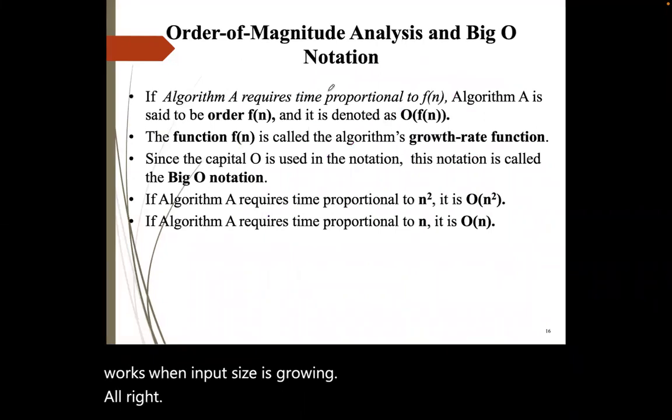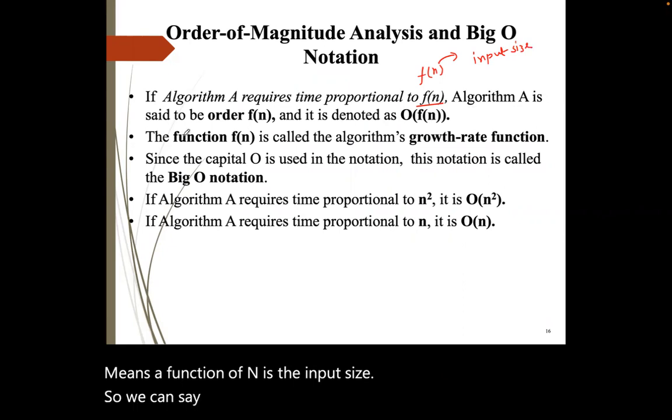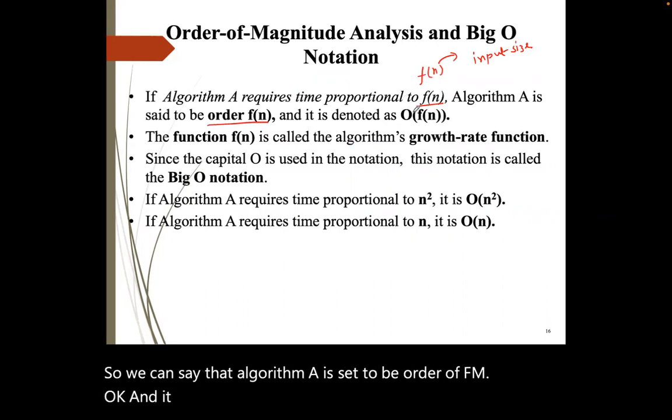So if algorithm A requires a time proportional to f of n, where n is the input size, we can say that algorithm A is said to be order of f of n. It is also denoted as O, capital O, of f of n.